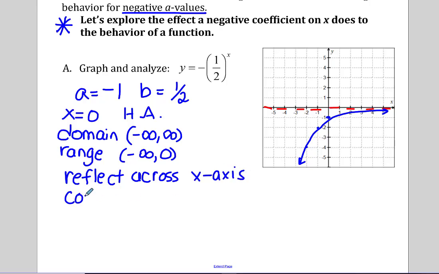The graph is concave down. It's increasing. Okay? So what normally would have been decay this way, the negative here flipped that graph over the x-axis.